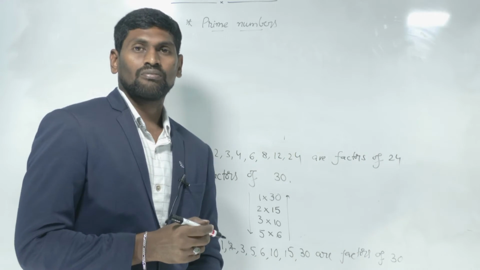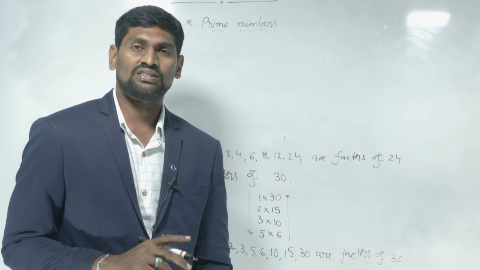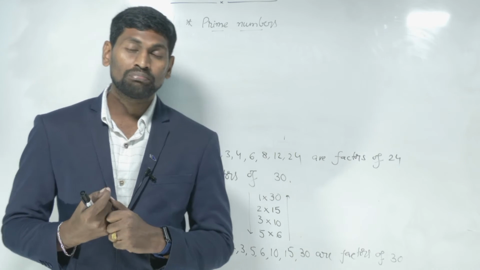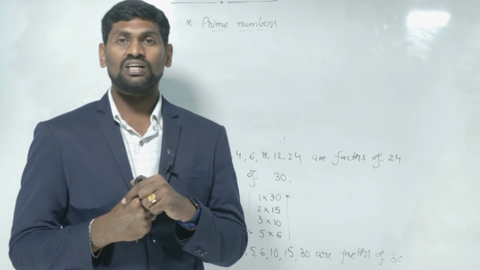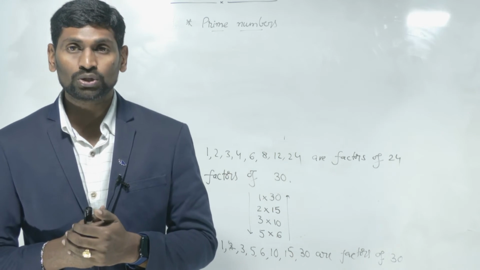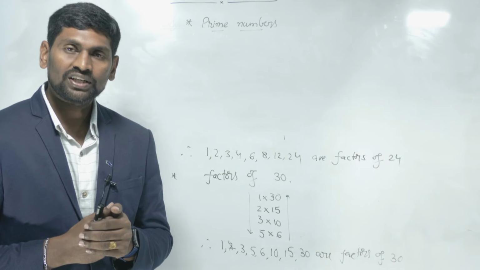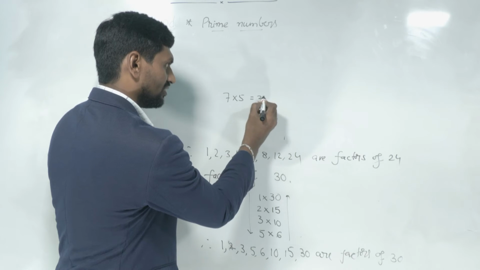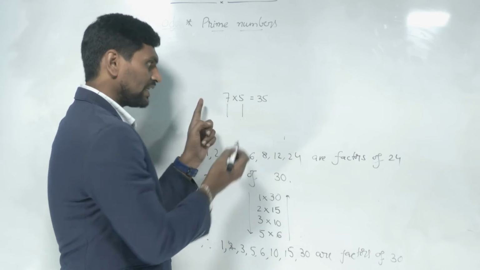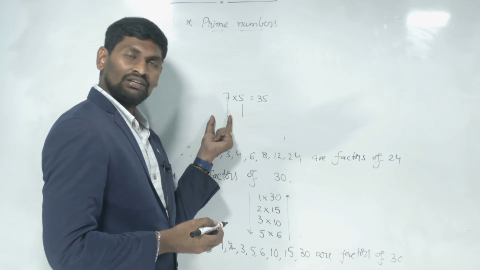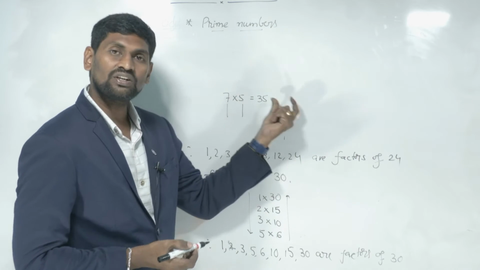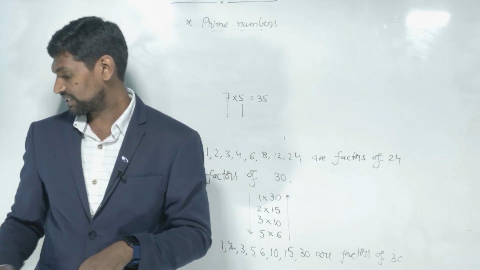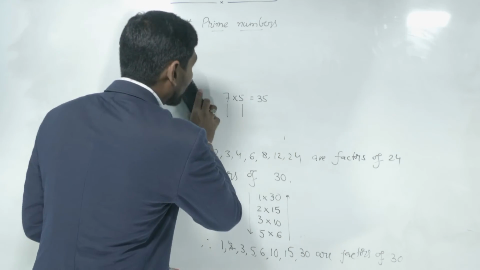The definition of factor is that when two numbers are multiplied with each other, each of the numbers is a factor of the product. 7 5s are 35. Here two numbers are multiplying each other. Each of the numbers is a factor of the product. That means 7 is a factor of 35, 5 is a factor of 35.